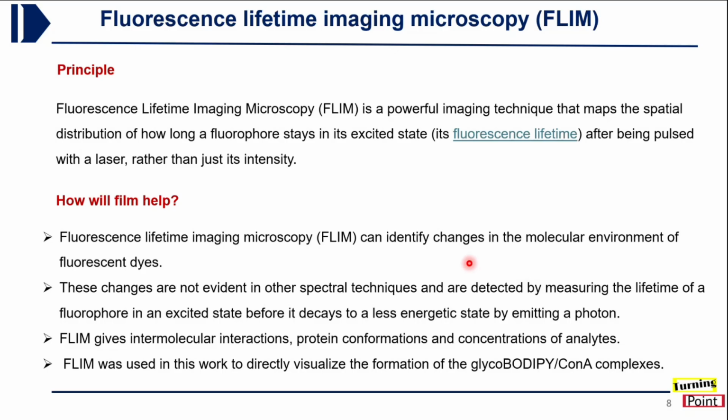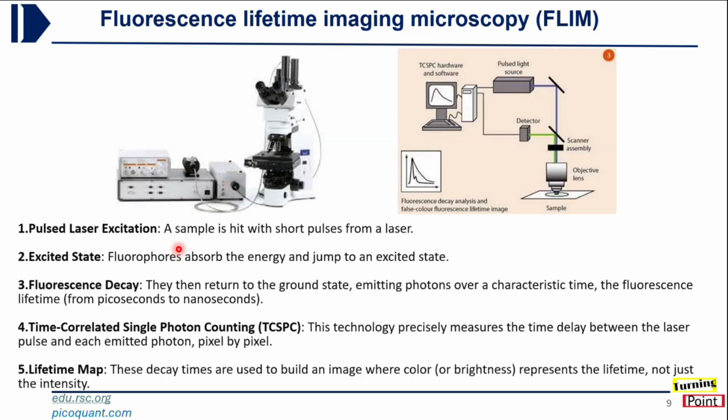It gives not only the intensity but the time the fluorophore spends in the excited state. FLIM gives intermolecular interactions, protein conformation, and concentration of analytes. FLIM was used in this work to directly visualize the formation of glycoBODIPY-ConA complexes.